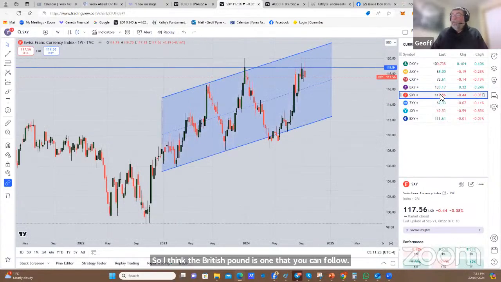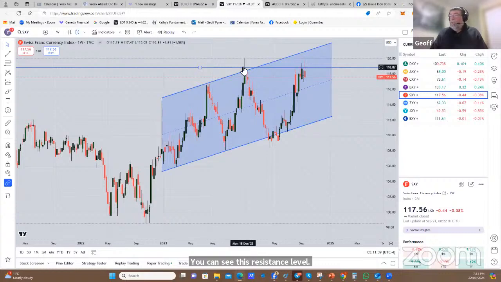Swissy, on the other hand, although I have been following this right up the chart here, filling up my ascending channel, and I do believe it will ultimately get to this point. You can see this resistance level that was rejected where? Christmas time, pretty much Christmas time, Boxing Day.